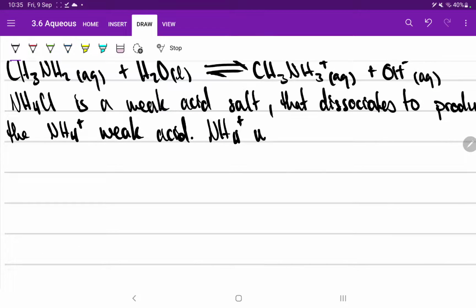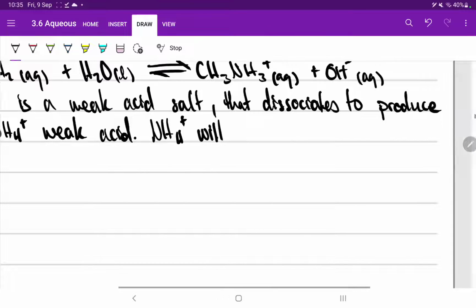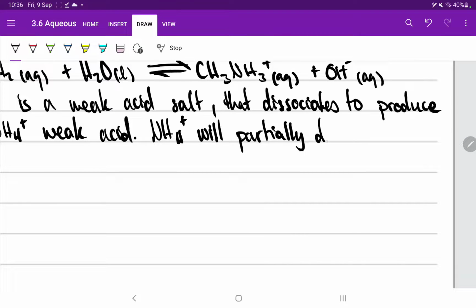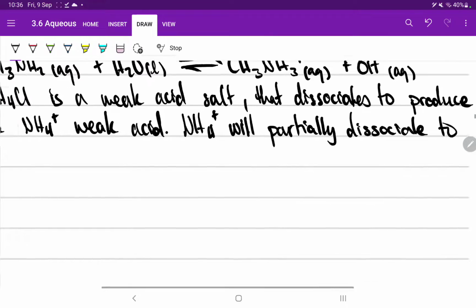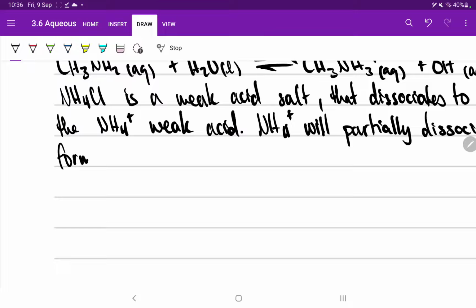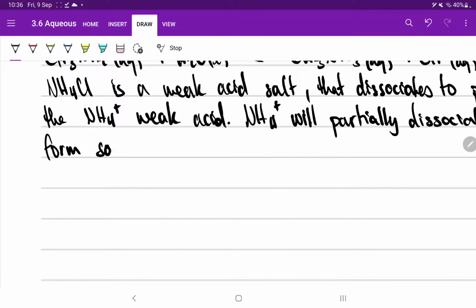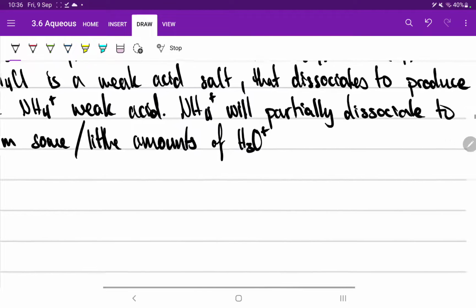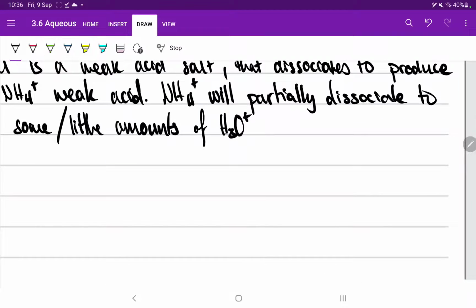Ammonium will partially dissociate to form small amounts of hydronium ions, right?